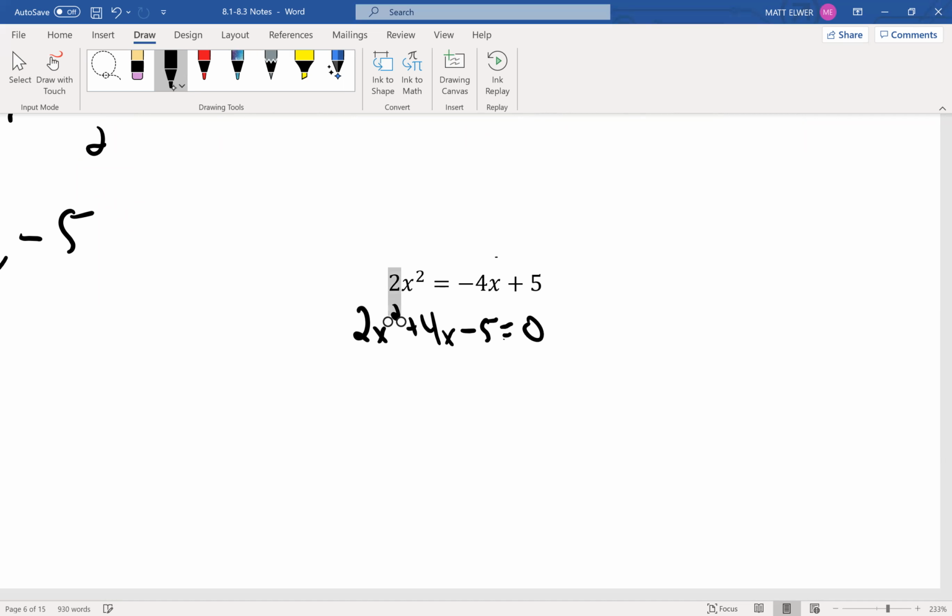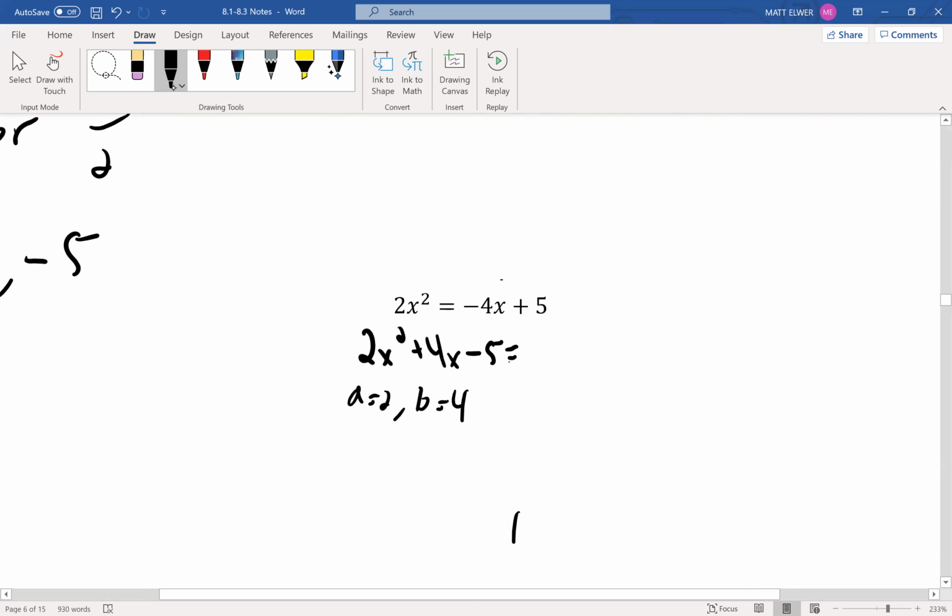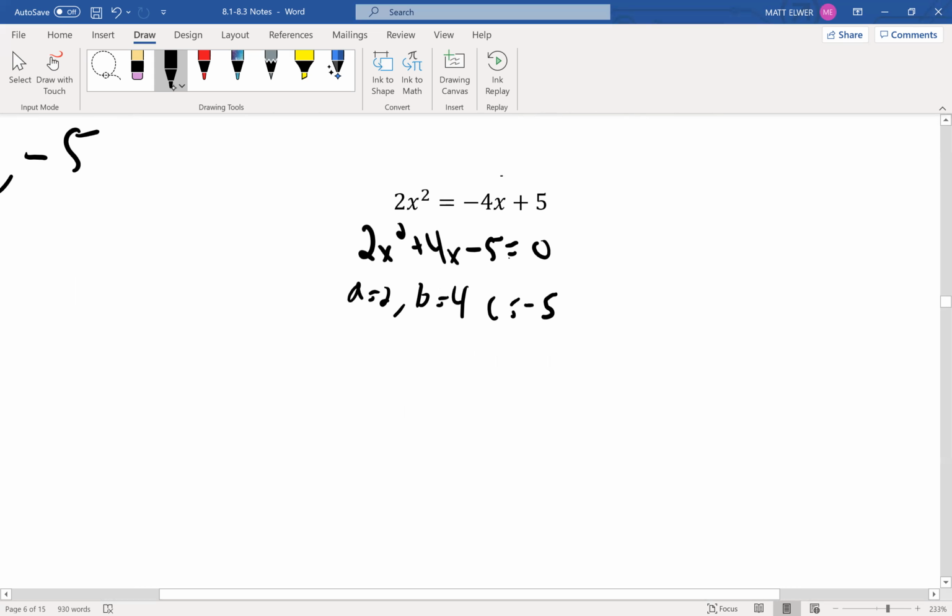Notice that a here is equal to 2, b is equal to 4, and then finally c is equal to negative 5. C is equal to negative 5. So if I plug that into my formula, x is equal to negative b, right?